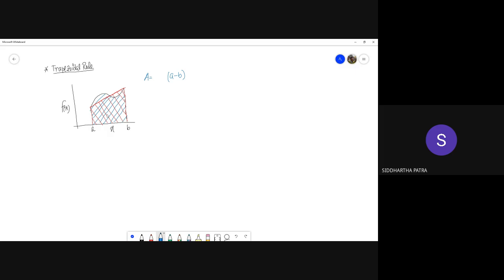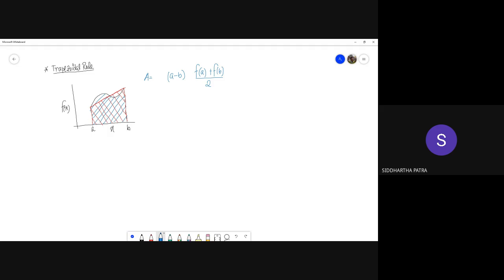So the width of the trapezoid, you are supposed to take f at a plus f at b divided by 2. So this is what the trapezoidal rule is, and it is also able to get the area under the curve exactly if the actual function is a straight line between the two limits.